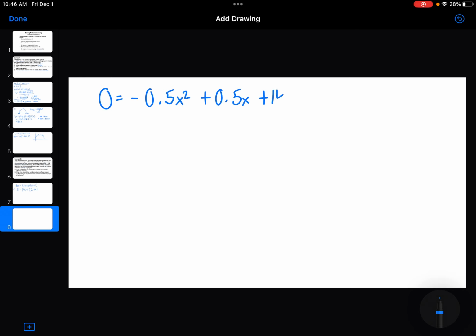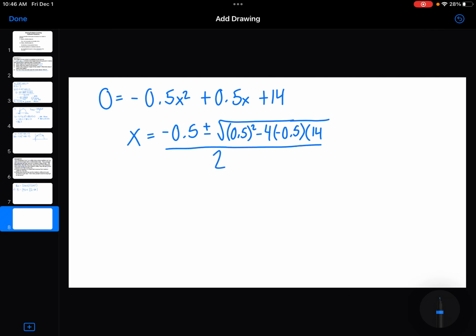So just writing this back out. We're going to have x equals negative 0.5 plus or minus the square root of 0.5 squared minus 4 times negative 0.5 times 14, all divided by 2 times negative 0.5. Now we've got to put all this into our calculator.